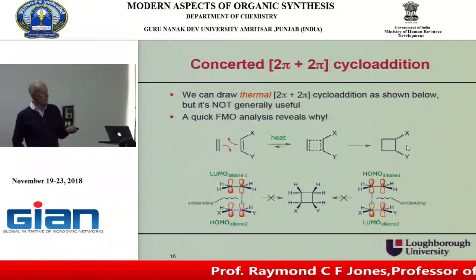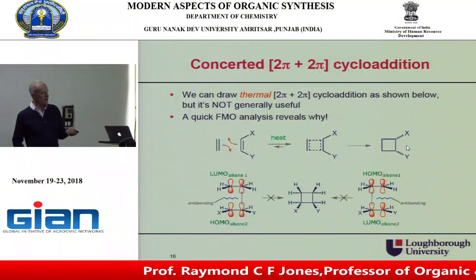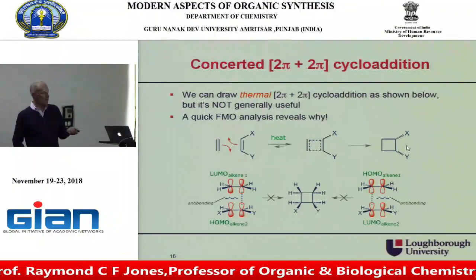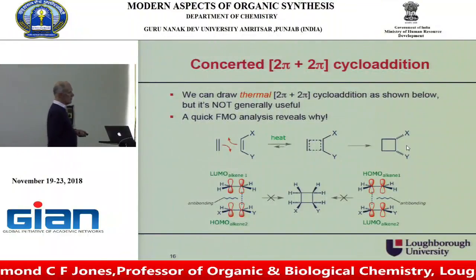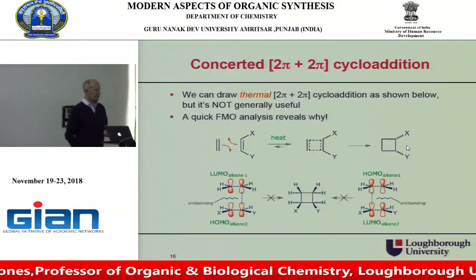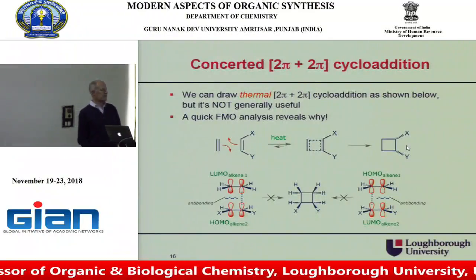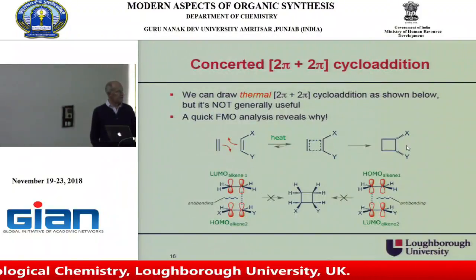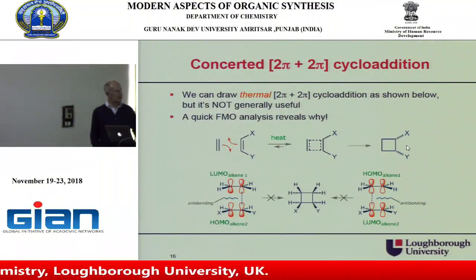And even if you turn the HOMO and LUMO the other way around, you get exactly the same result. You get a clash, an anti-bonding, unconstructive reaction if you try to think about that thermally. So that's why we haven't mentioned it yet.